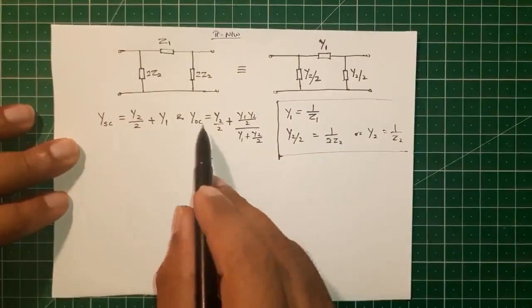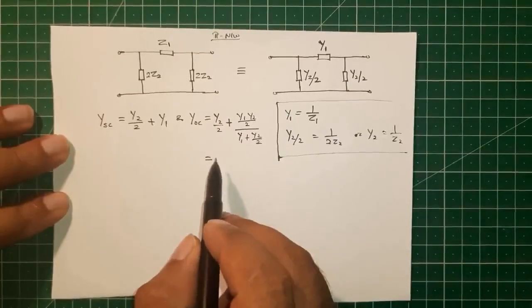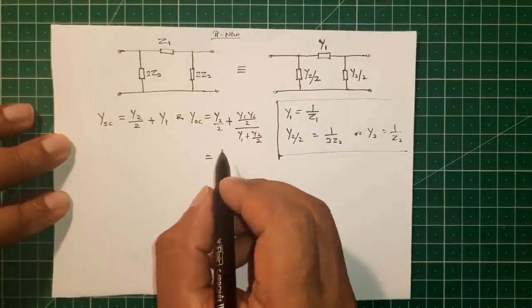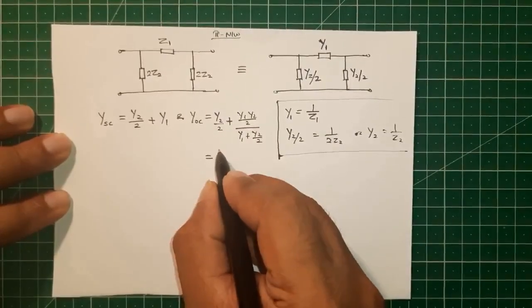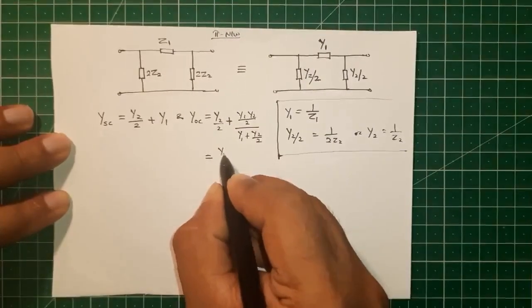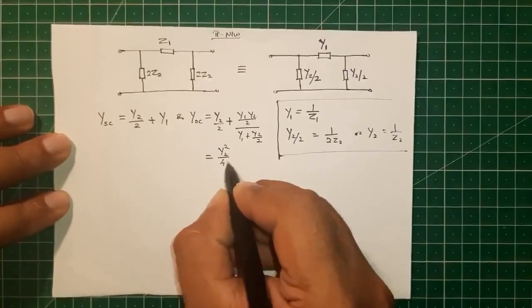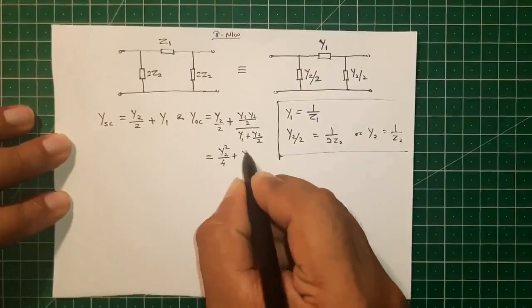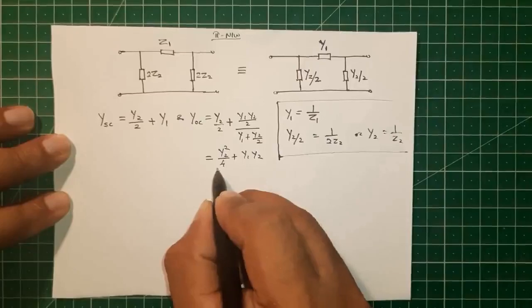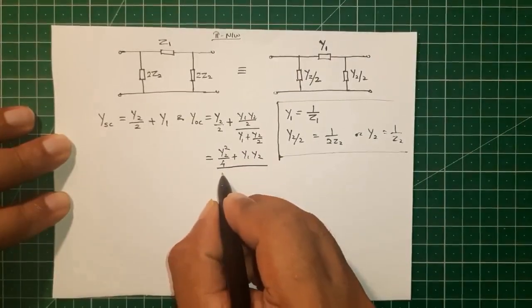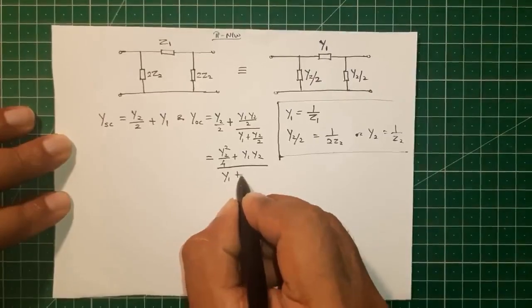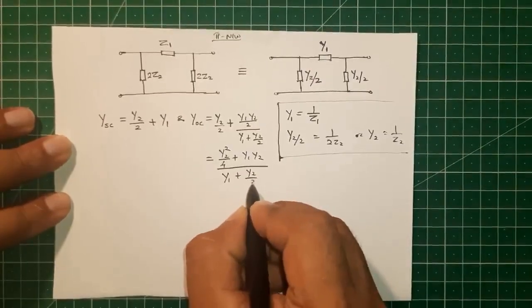On simplification, similar to the previous expression that we have written, the numerator will have Y2 square by 4 plus Y1 Y2. The denominator will contain this term, which is Y1 plus Y2 by 2.